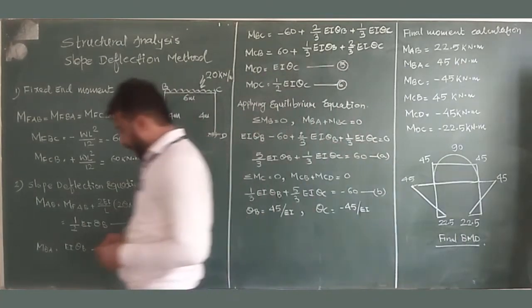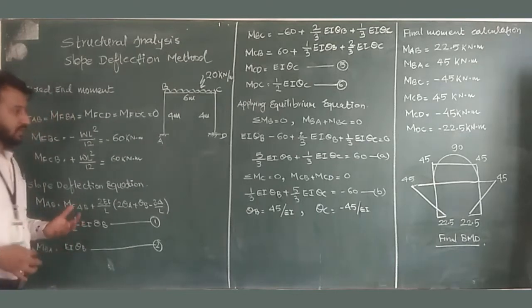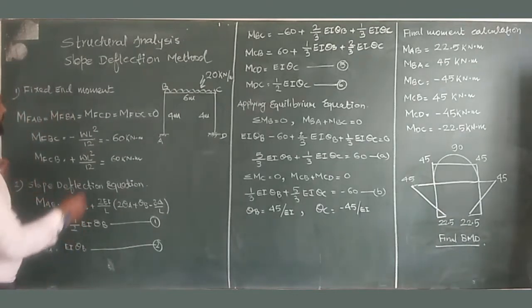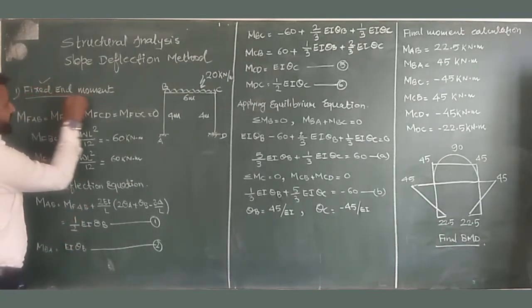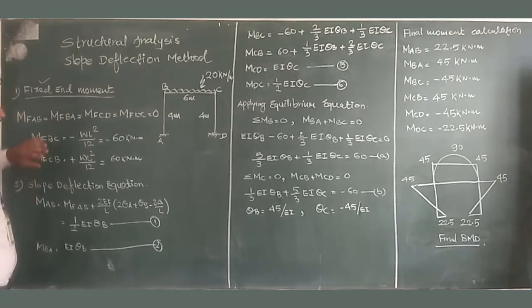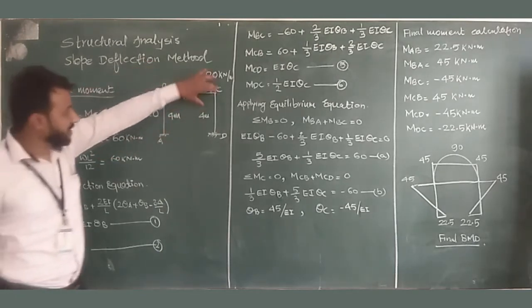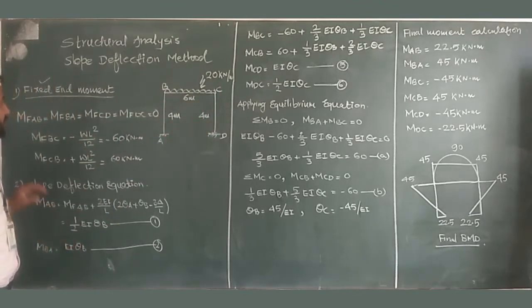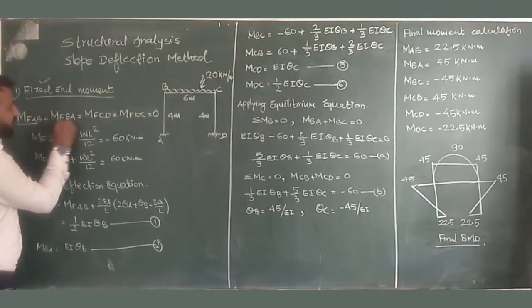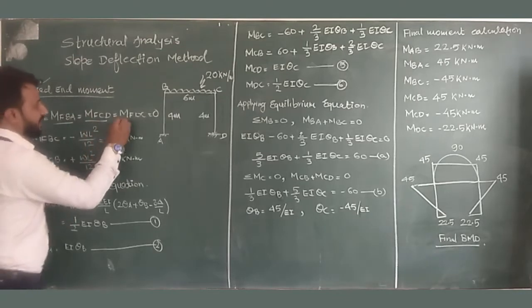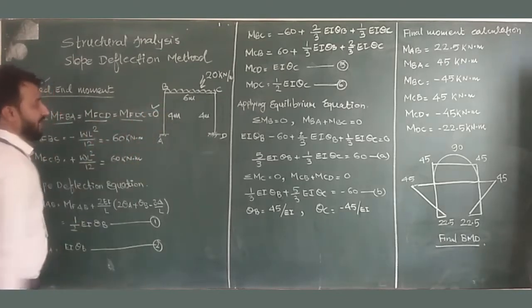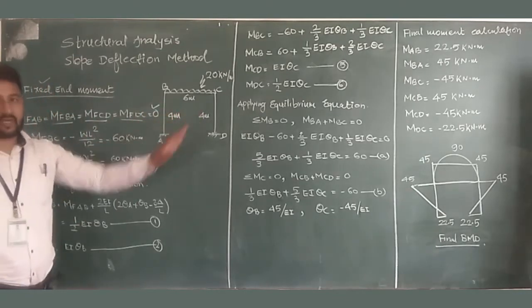Now as per our steps, the first step is to calculate the fixed end moments. At AB and CD there is no load. That's why the fixed end moments FEM AB, BA, CD and DC will be equal to 0, because there is no external loading.